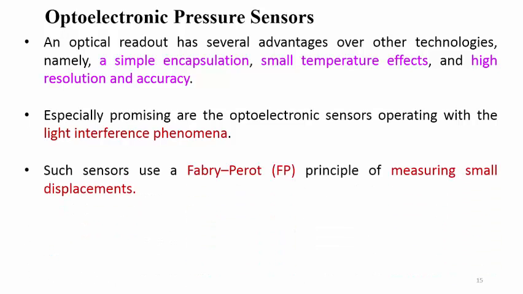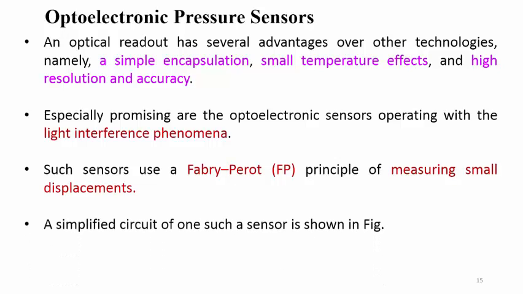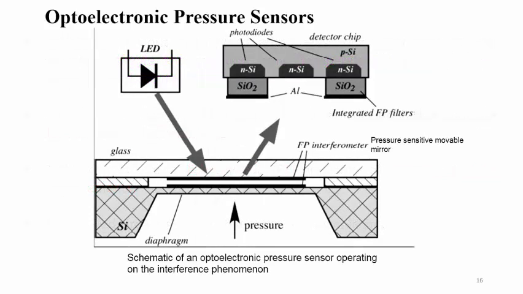Especially promising are optoelectronic sensors operating with light interference phenomena. These sensors use the Fabry-Perot principle for measuring small displacement. The simplified circuit we will see in the next slide.